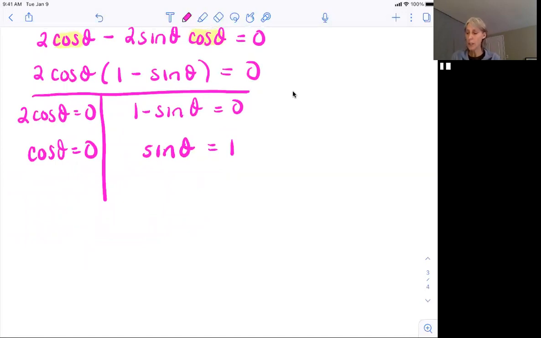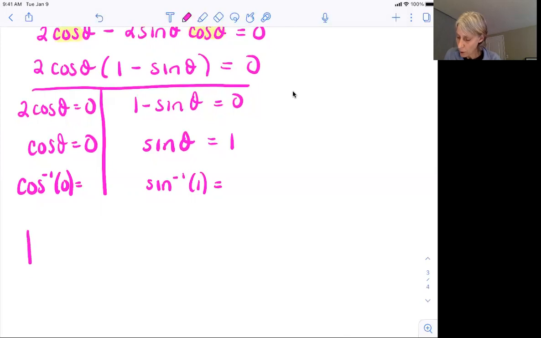Now, once again, here's where our old units have to come into play. If we're looking for the angle whose cosine is 0, this is going to be a quadrant angle. Zeros and ones are quadrant angles. So when we're solving for these angles, think of your sine and cosine curve. Where is the cosine 0? At 90 degrees and 270 degrees.